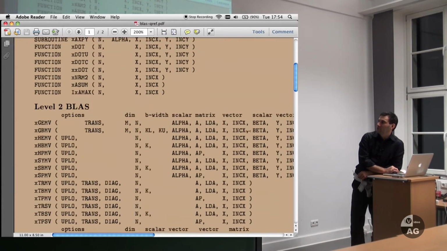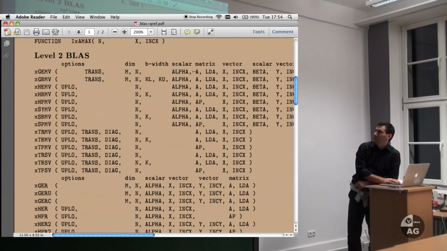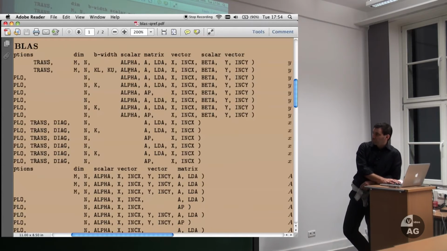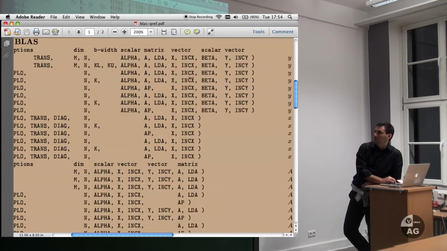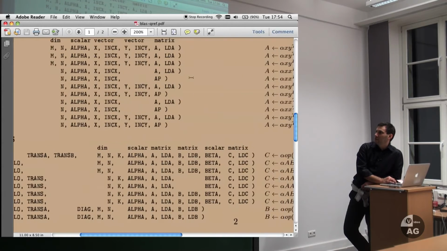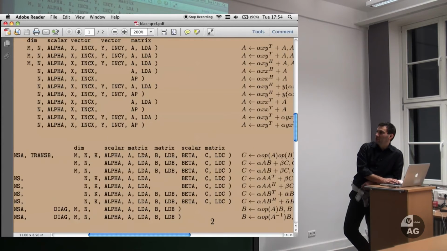Now when we go to BLAS 2, we have matrices, with a matrix identified by m, n, and leading dimension, and then we have a vector and the corresponding increment, another vector, a corresponding increment. It's always like this. In BLAS 3 we have 2 or 3 matrices, and for each matrix we have leading dimension A, leading dimension B, leading dimension C. Okay?